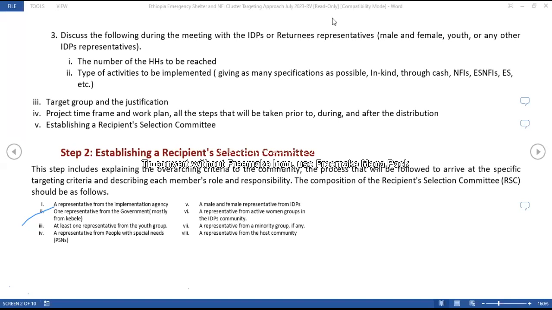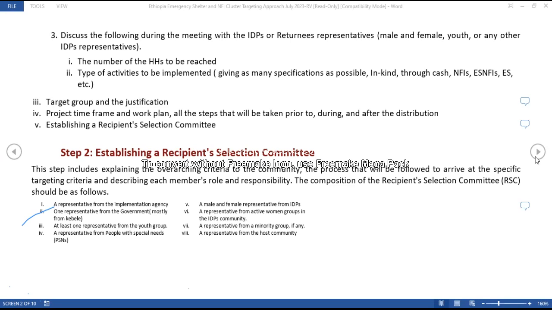So we have to make sure that the young generation is also included in this selection committee membership. Then we also have to include one person from people with special needs.